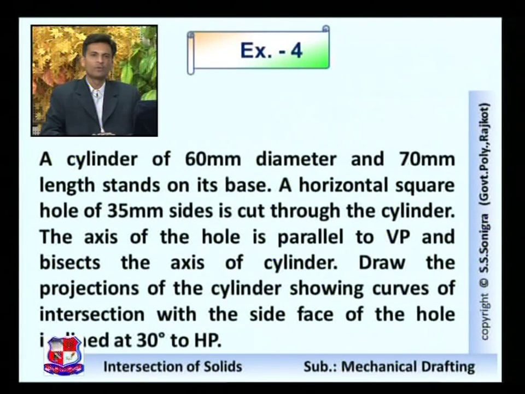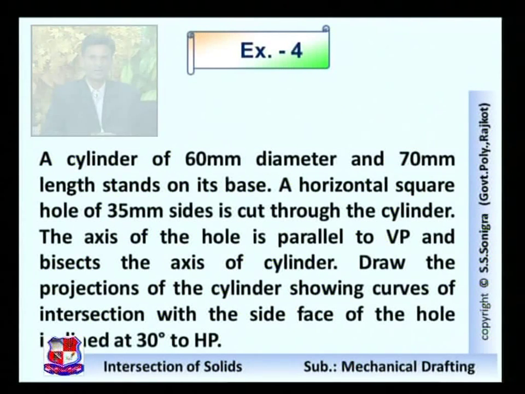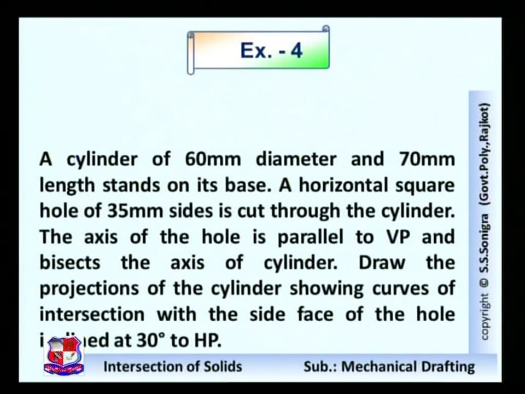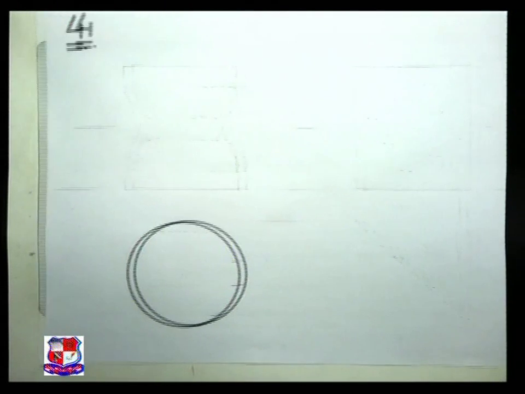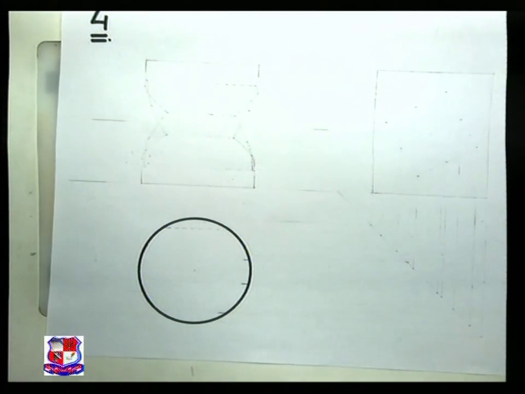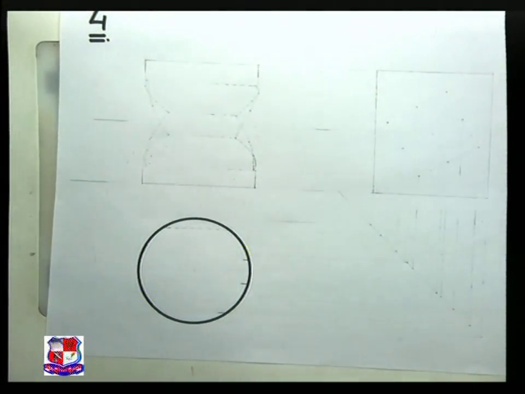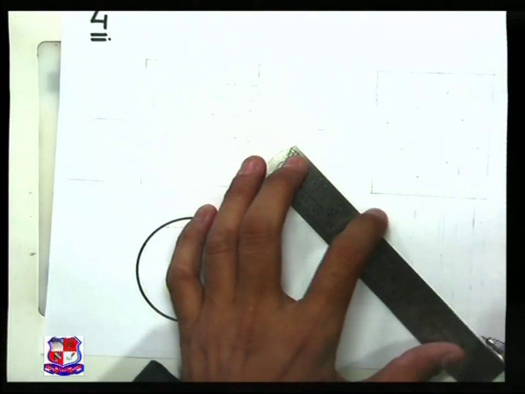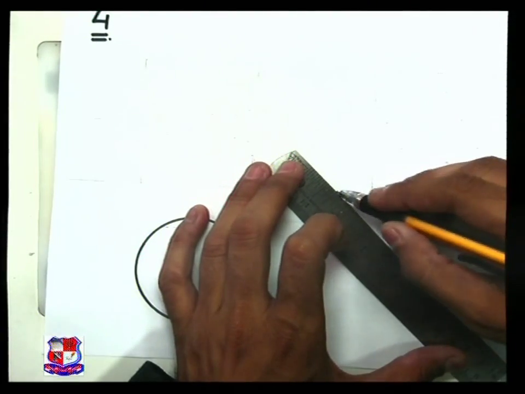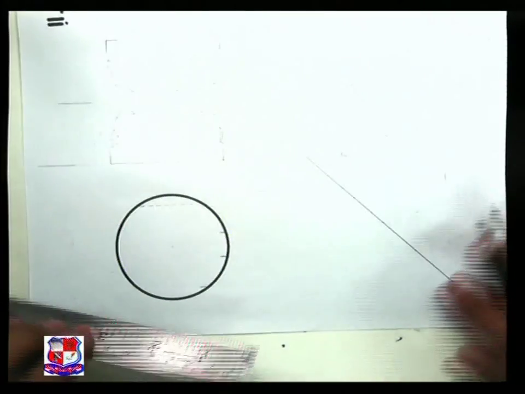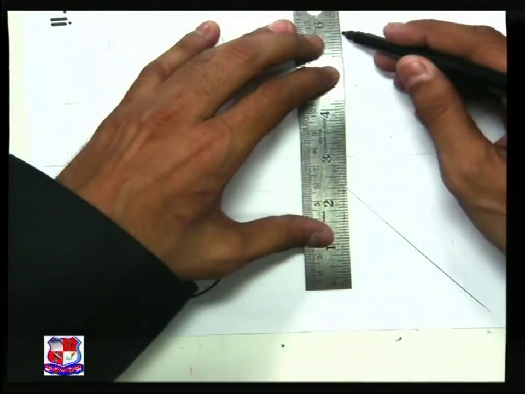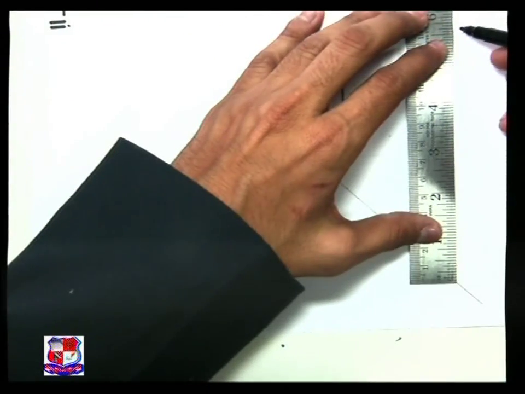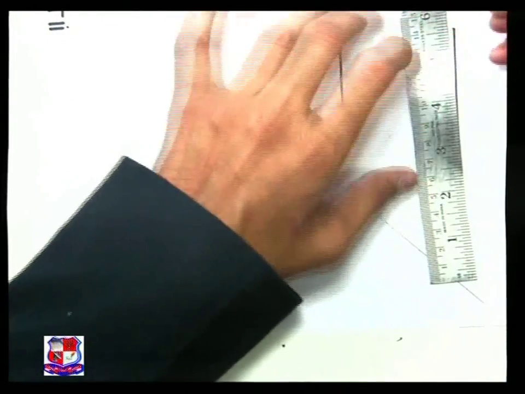So here first we have to draw the cylinder of diameter 60 millimeter and height 70 millimeter like this. So first we draw a cylinder. This is the top view of the cylinder, and draw a miter line and XY line to transfer the points from this top view to the side view, and draw the side view of this cylinder as well by drawing the miter line and taking projection from its top view.